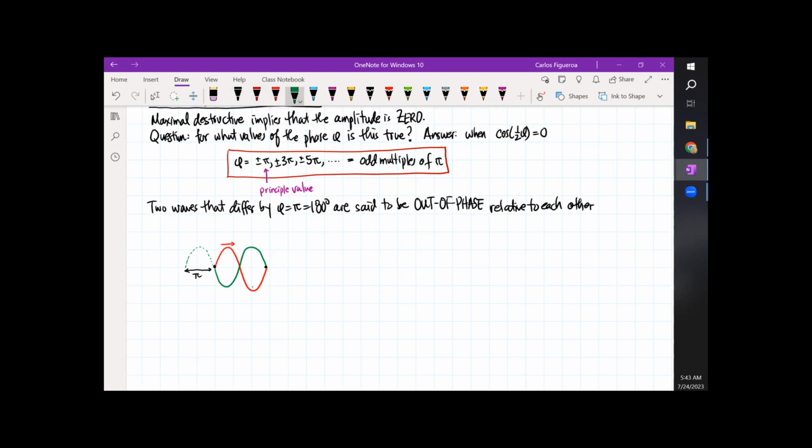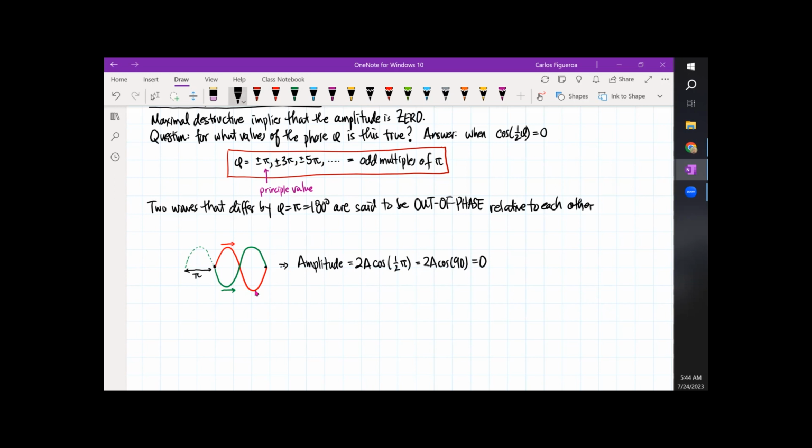Again, this wave is moving to the right. So if I now look at the amplitude, which is 2A cosine of 1/2 pi, which is 90 degrees, it is then 2A cosine of 90 degrees, which we know is 0.